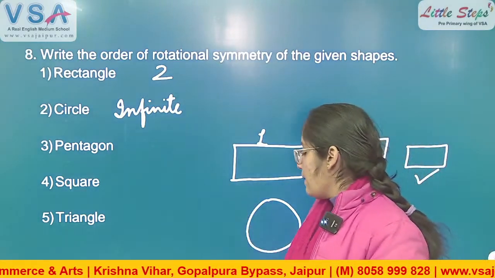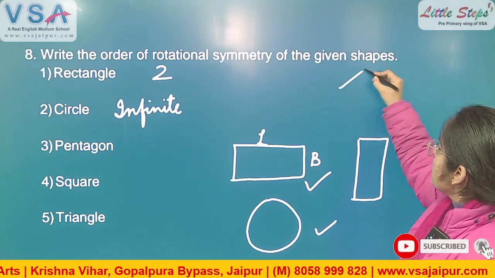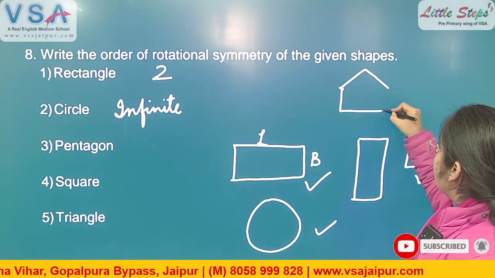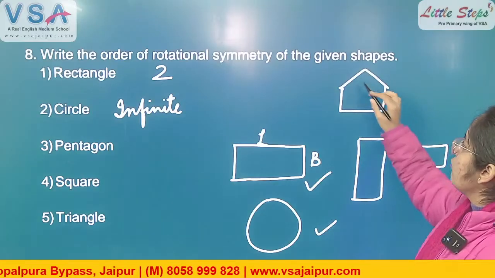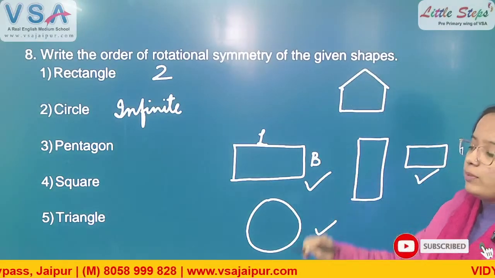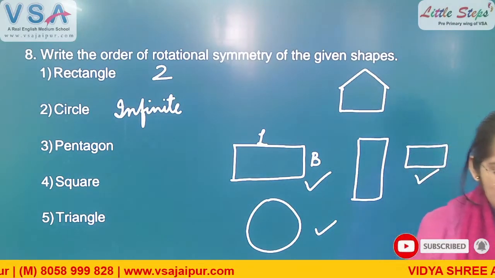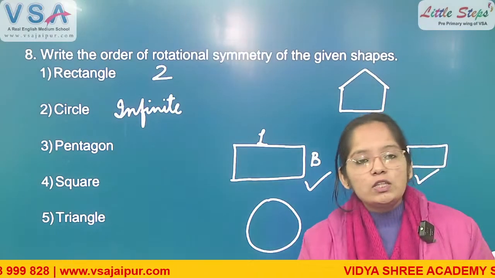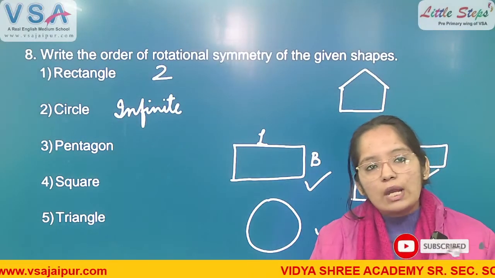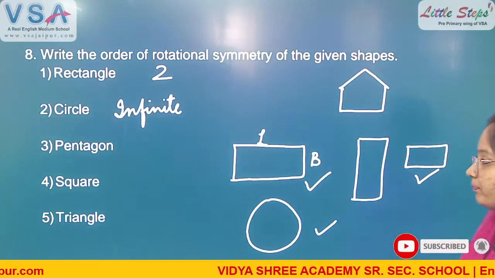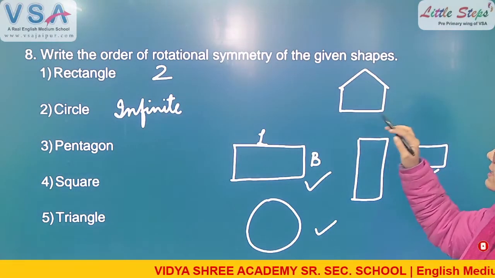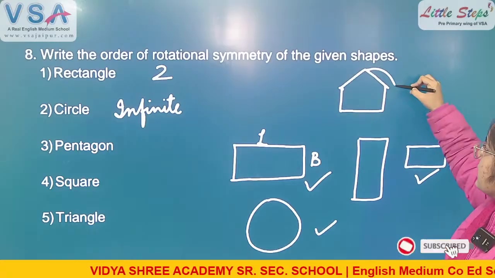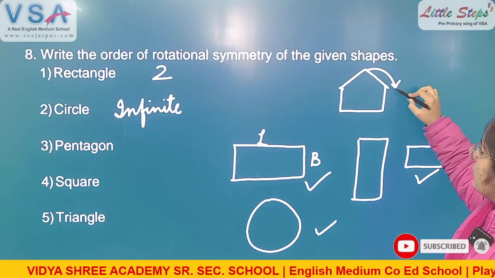Third one is the pentagon. A pentagon is the shape of 5 sides. This is a pentagon, 1, 2, 3, 4, 5. It has 5 sides. So when we rotate this pentagon, if this comes here like 1, it will look the same.